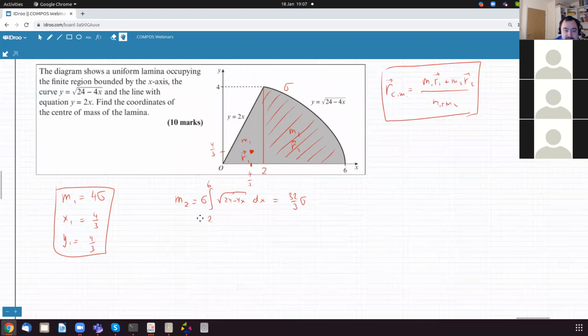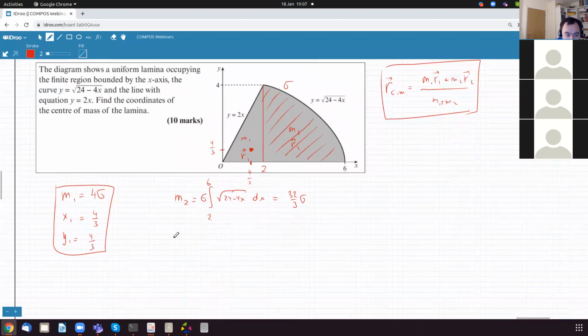Now, to find x2, the x center of mass of this piece of lamina, we will need an expression that goes like this. It's sigma, the integral from 2 to 6 of x multiplied by square root of 24 minus 4x, in a similar way that we did before, dx.